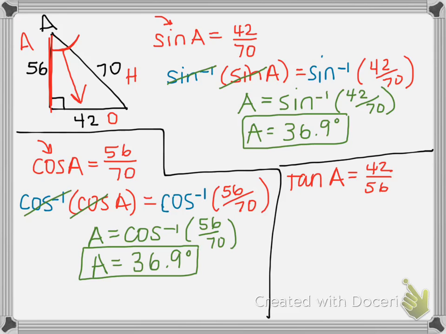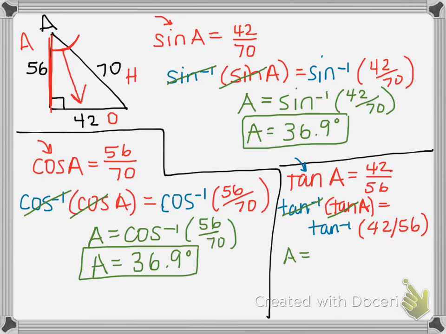And since we're using the tangent trig function, we can use tangent inverse on both sides to find our angle. I had to write it down here because I was running out of space. And we have 42 divided by 56. I'm going to shorten this up just a smidgen and say we canceled those two and we find that A equals tangent inverse of 42 divided by 56, which when we do that will still give us 36.9 degrees.